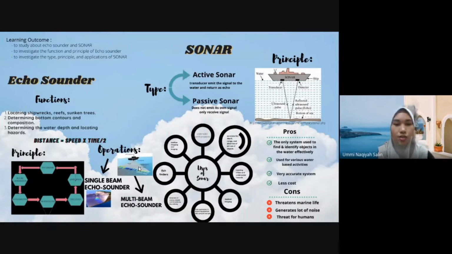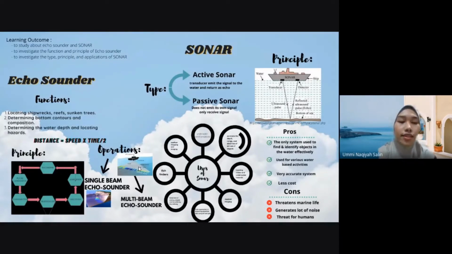Next, the pulse from the pulse generator activates the transmitter, which will then send an electric pulse to the transducer, and the transducer will convert the electric pulse to sound energy, which will produce a pulse to be transmitted vertically down from the ship.